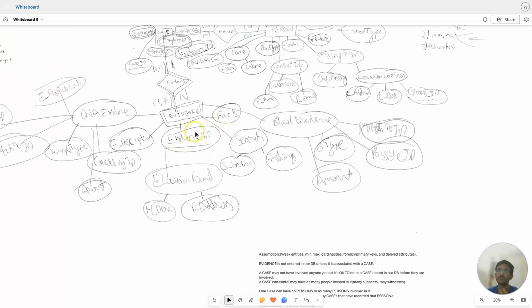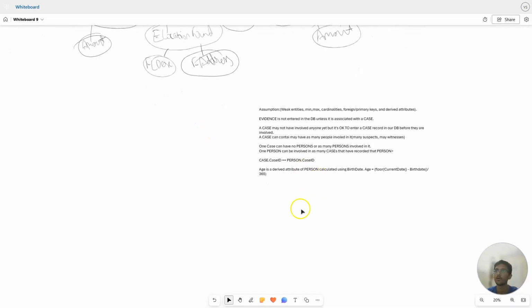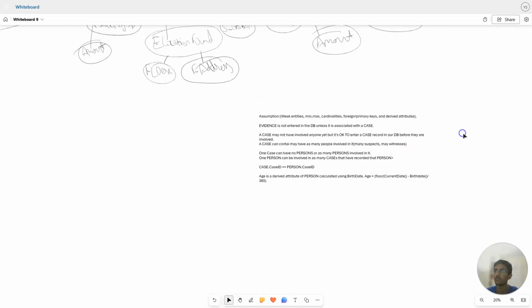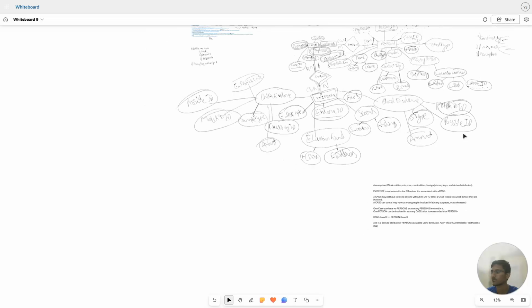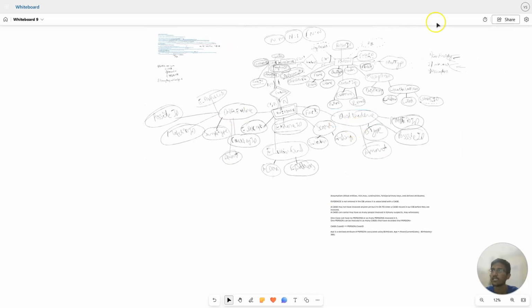Like primary key evidence ID, that's going to map to the evidence ID in case. I'm going to show the complete diagram in a bit, but this is what your ER diagram is supposed to look like at the end.